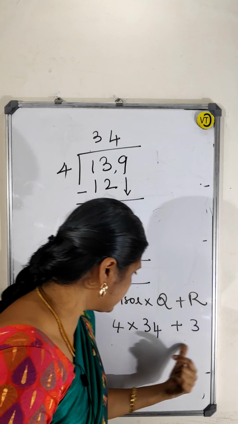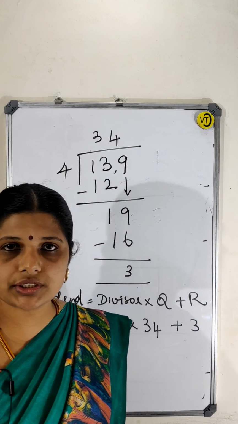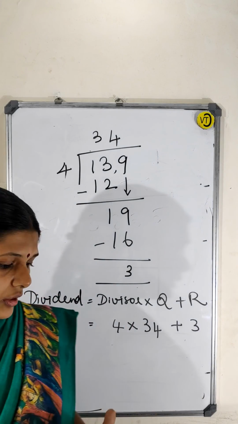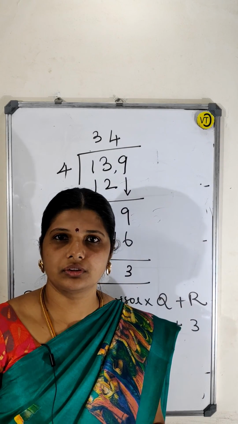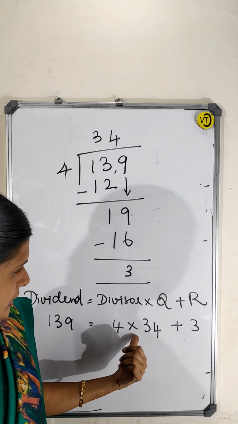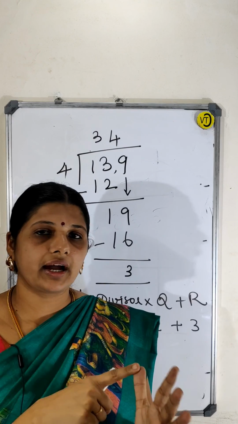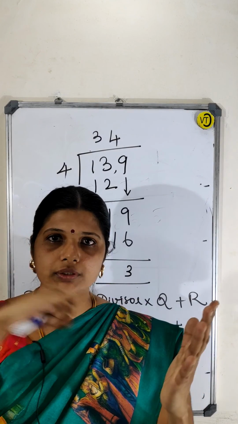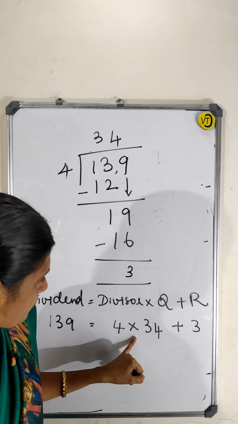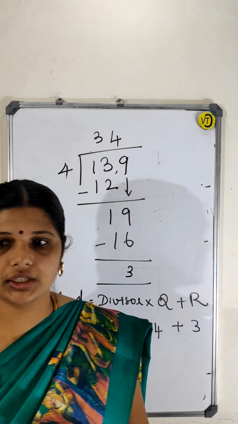Listen carefully. Whenever we are doing addition, subtraction, multiplication, division, you have to apply the BODMAS rule. First of all, here it is multiplication, bracket of division, multiplication, addition, subtraction. The priority goes like this. So first multiplication you have to do, then the next operation is addition.